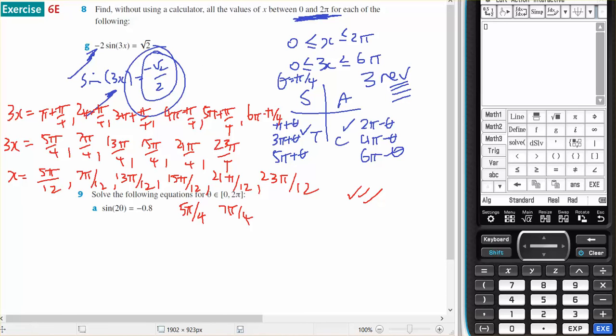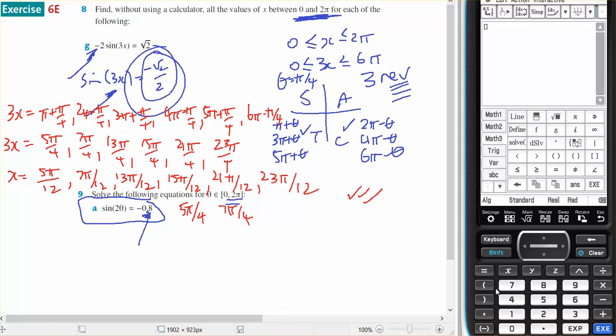In the second part of the question, solve the equation for this domain when I've got that. So I'm going to use the calculator, since negative 0.8 isn't going to be an exact value.